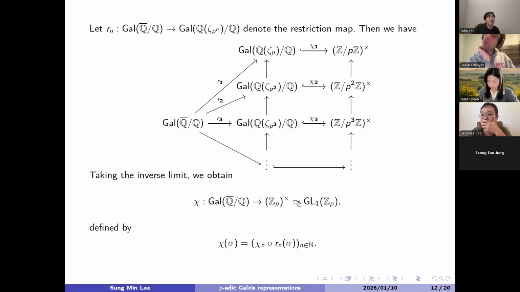And because it's invertible, it's GL_1. Being invertible means it should have a unit, an inverse element. So that's basically interpreting everything as a matrix. It should be a general linear group with 1-by-1 matrices, so GL_1(Z_p), where χ(σ) is defined in this way, and that's how we define the p-adic character.